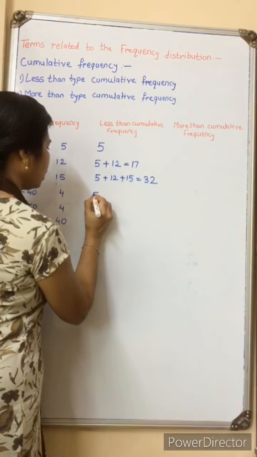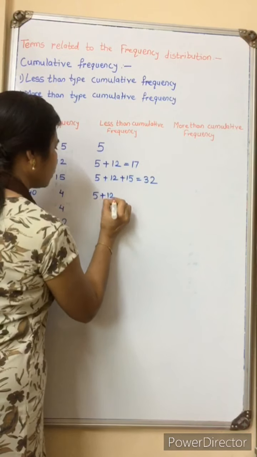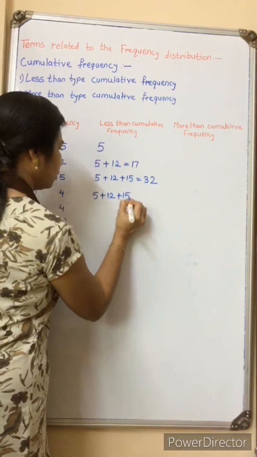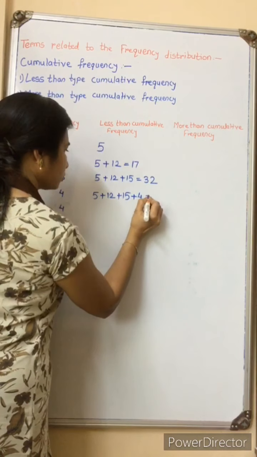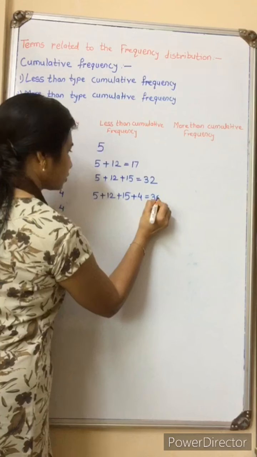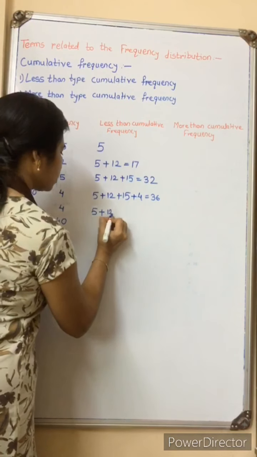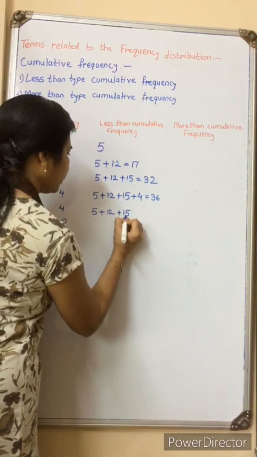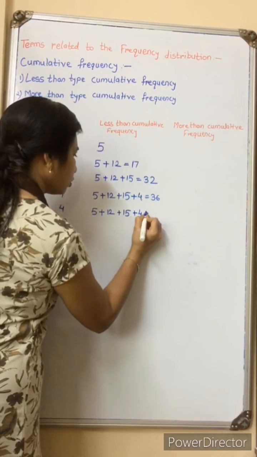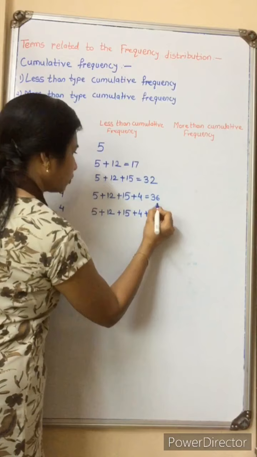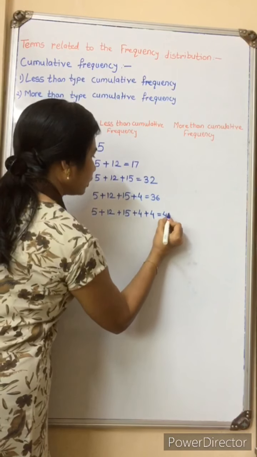For less than 40, 5 plus 12 plus 15 plus 4, that is 36, and then 5 plus 12 plus 15 plus 4 plus the last class is equal to 40.